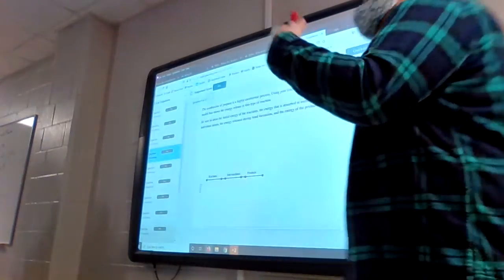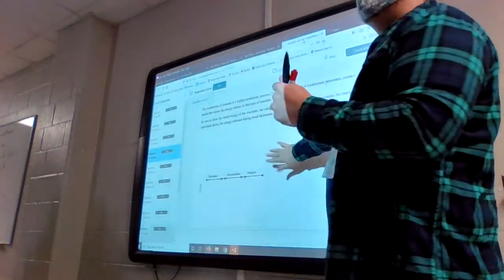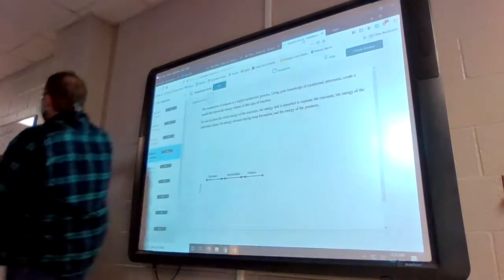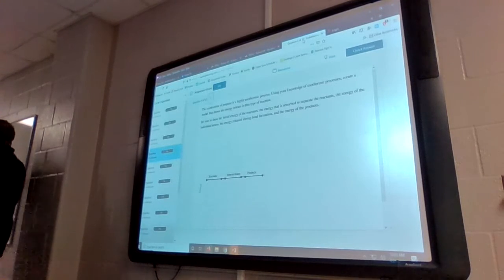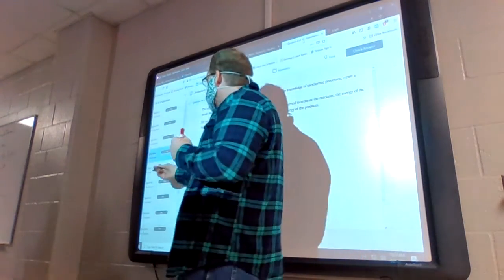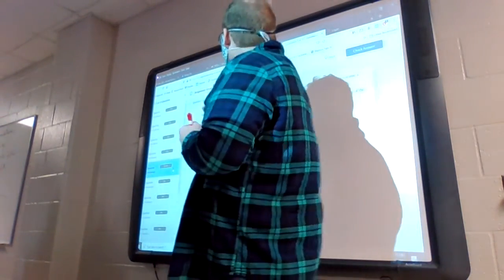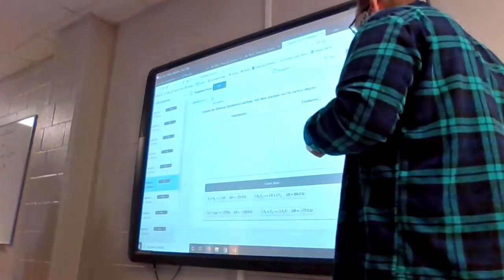I'll point out when you get to number 4 and they give you this chart right here, they want you to make this chart look like one of the ones that I drew here. So you got to move the different points where the chart matches either the exothermic or the endothermic chart. Number 6, that's easy.